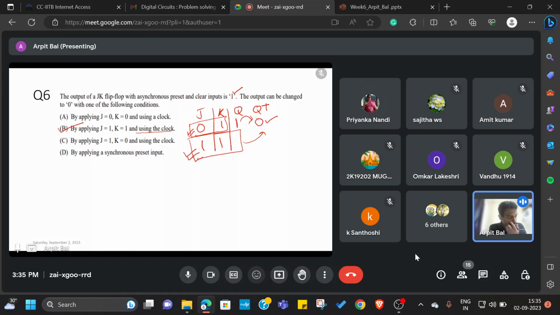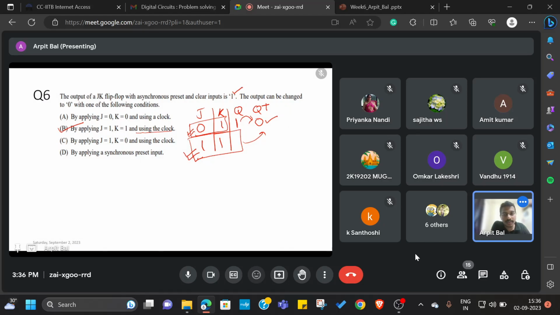Okay, sure. So here the two possibilities are J equal to 0, K equal to 1, so the next state of Q is going to be 0 irrespective of what the present state is. Similarly, if J is equal to 1 and K is equal to 1, then our next state is going to be the complement of the present state.